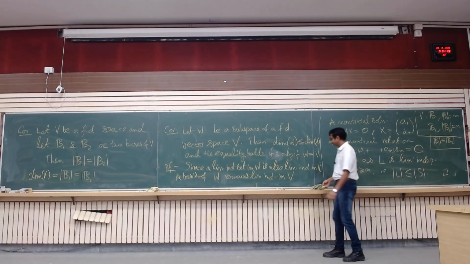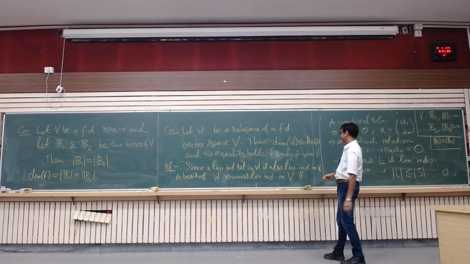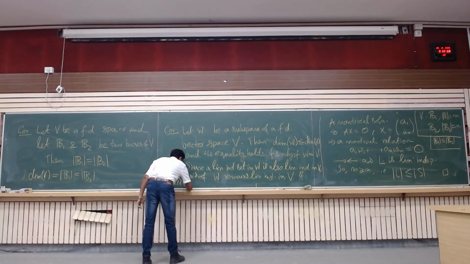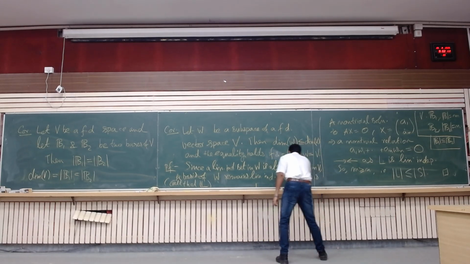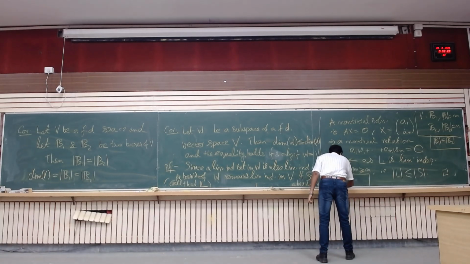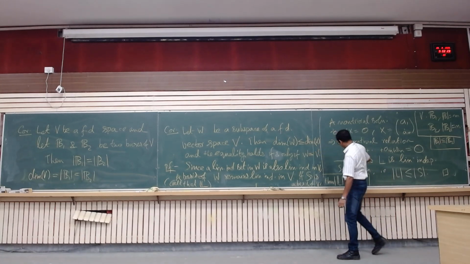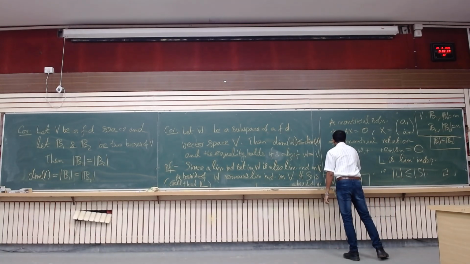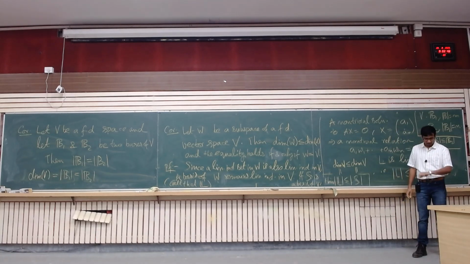Call that basis of W, L. Then if S is a basis of V, we know that the cardinality of L is less than or equal to the cardinality of S. This is the dimension of W and this is the dimension of V. So we indeed have this inequality.